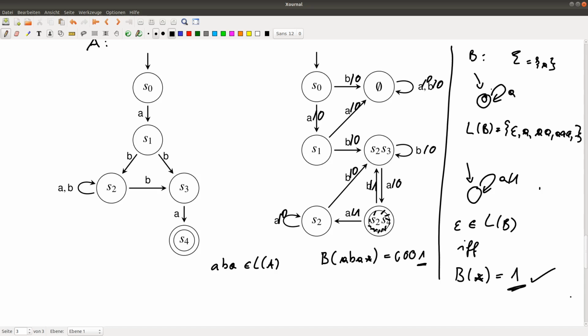And yeah, as an outlook, I would like to point out that finite automata play a very important role in one way or another during the whole course, because they are a very fundamental concept and will be used in other formal modeling languages. And yeah, so we will see them again and again.